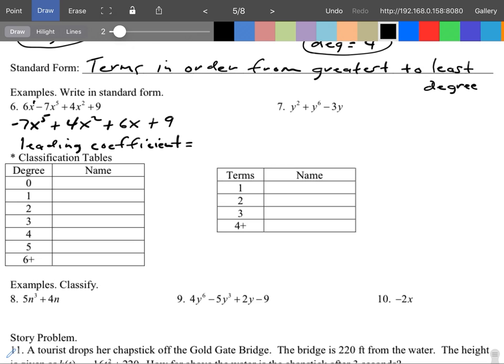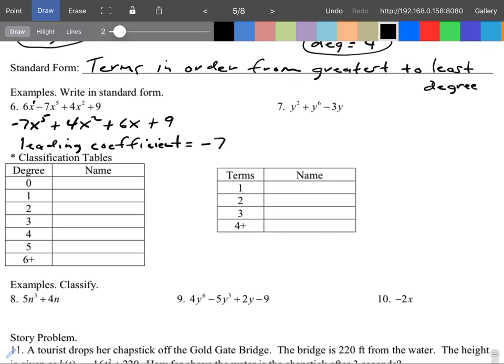Okay, it's the number that's multiplied times the variable in the highest power term. So in this case, it's just going to be negative 7. Again, the leading coefficient is just the number out in front of the highest power term.